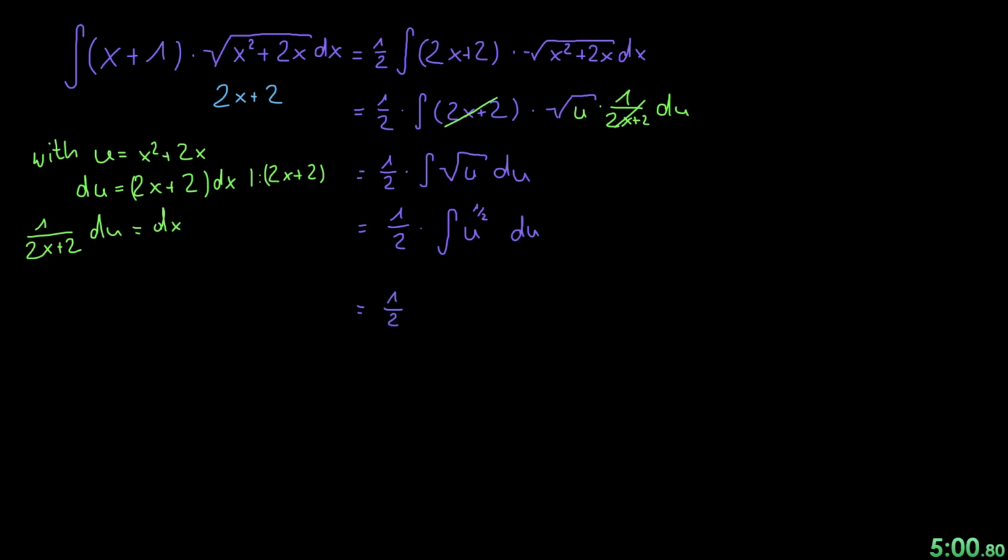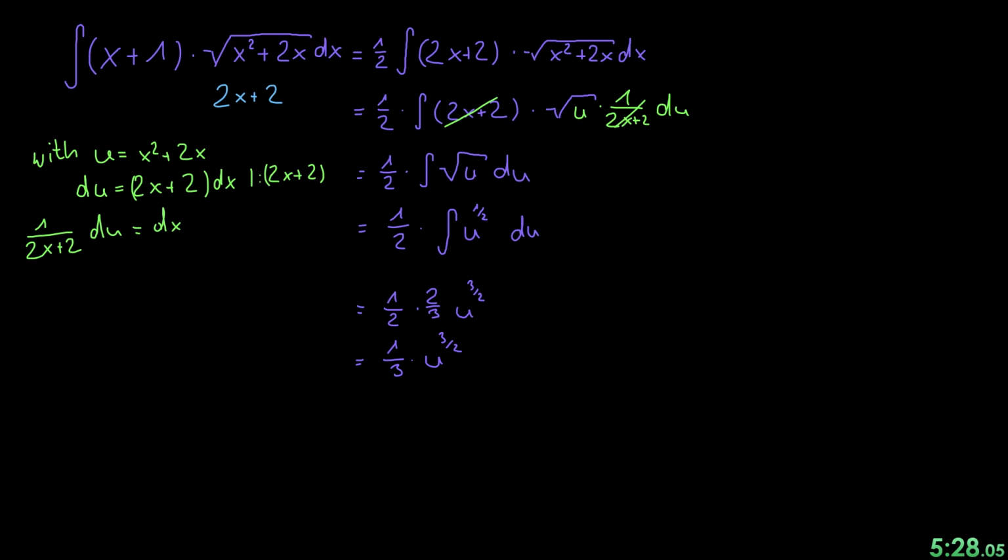So we end up with 1/2 times u to the power of 3/2, and into the front we pull 2/3. What we're ending up with is just 1/3 times u to the power of 3/2.